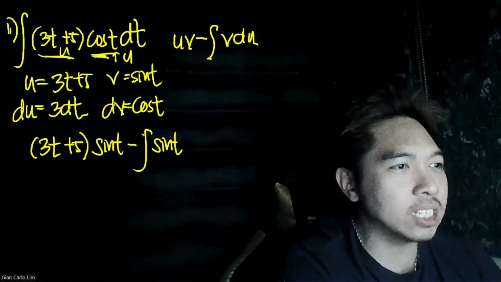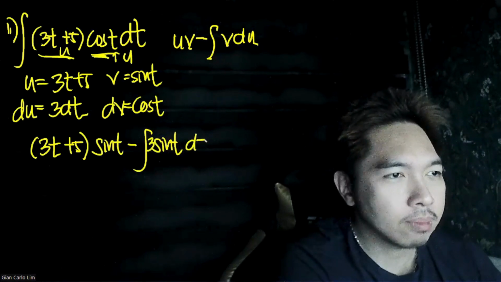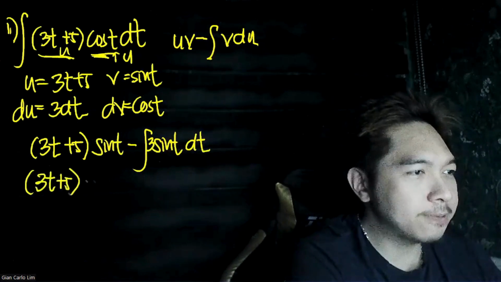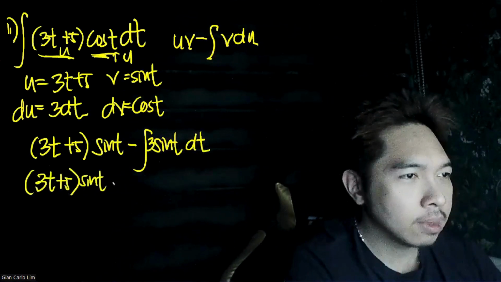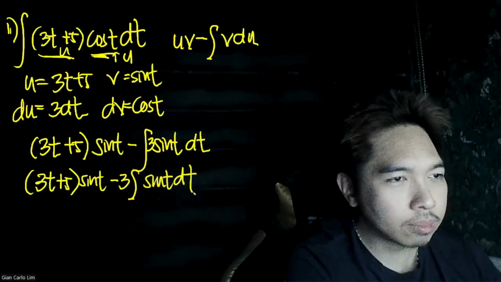So 3 is a constant, so we factor that out. Then we have 3t plus 5 times sine of t, minus 3 times the integral of sine t dt.